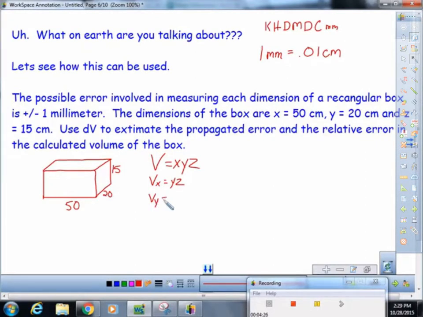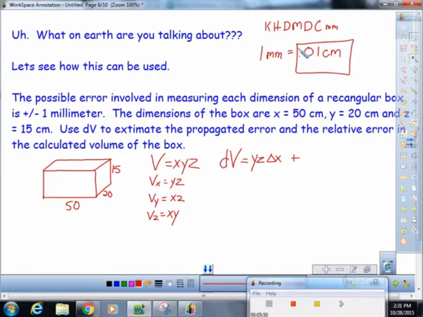So now I'm writing the partial derivative with respect to X, the partial derivative with respect to Y, and the partial derivative with respect to Z. And so the total differential, the total change in volume, will be the partial derivative with respect to X times delta X. And as delta X gets very small, that will become dx.